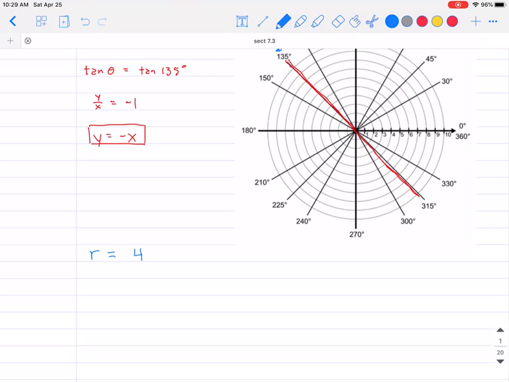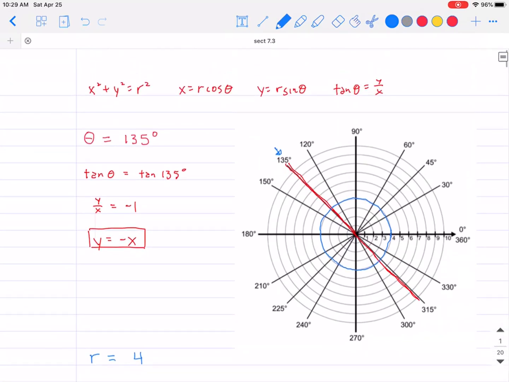So let's find the ring that is of radius 4, and that's going to be my graph. It looks like it gives me a circle, and in fact it should be a circle because the radius is equal to 4. So that is my graph for r is equal to 4.